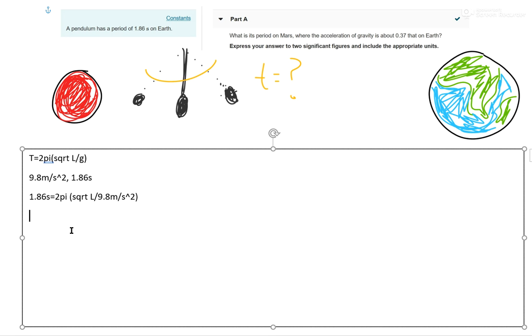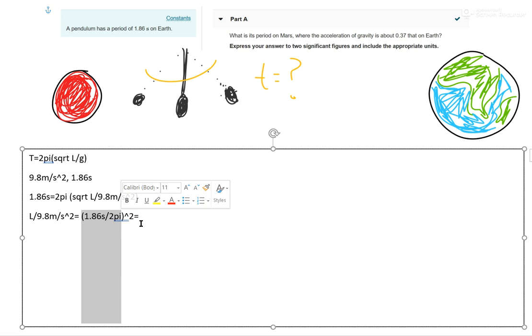We can rearrange this so we can have it in terms of L. So if we rearrange it, we get the square root of L over 9.8 equals 1.8 seconds divided by 2 pi.